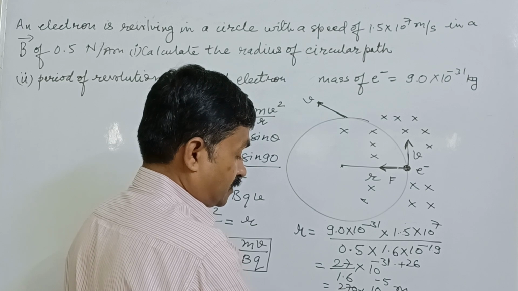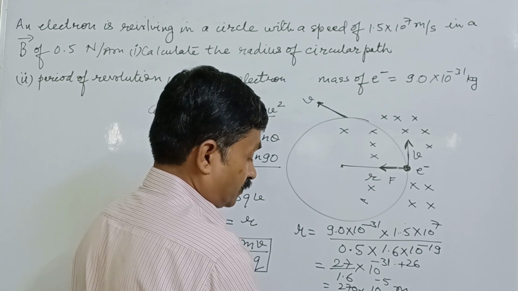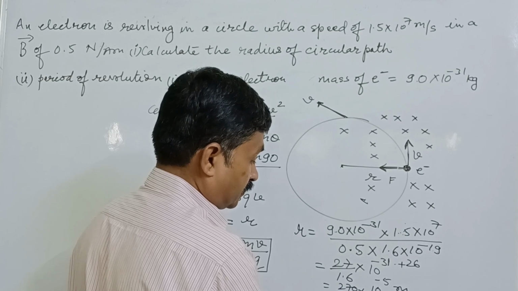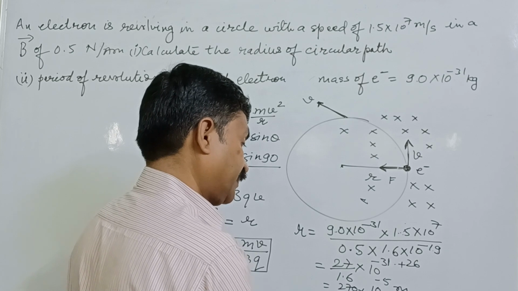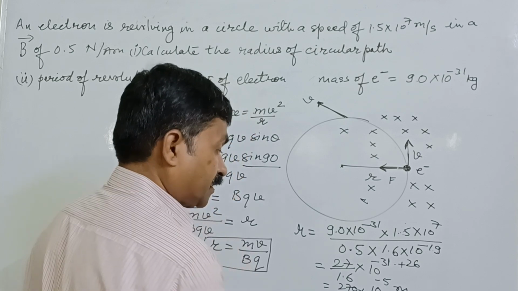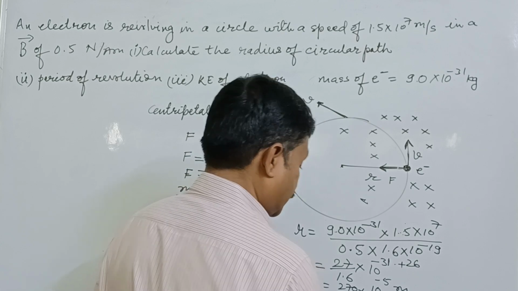So the radius is about 17 × 10^-5 meters. So like this.